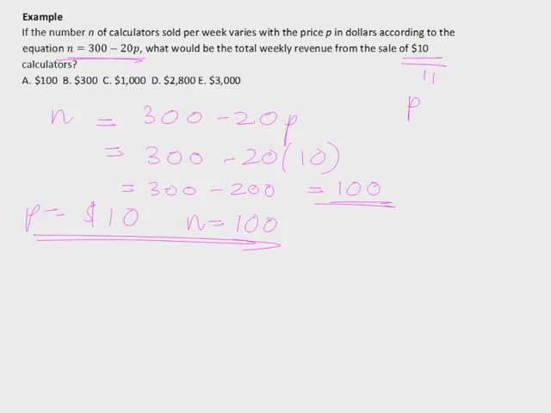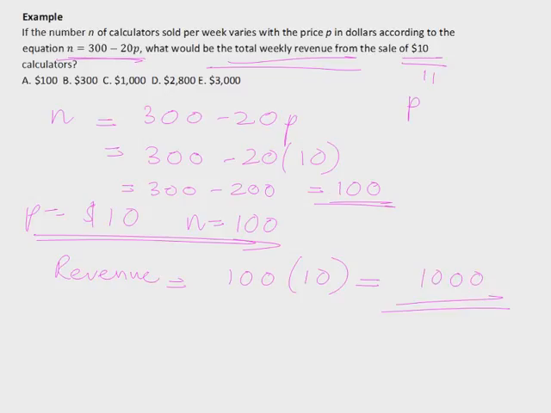They want the revenue. Revenue, of course, is price into the number sold. So revenue is 100 sold at $10 each. That's 1,000. That's my revenue. Answer C.